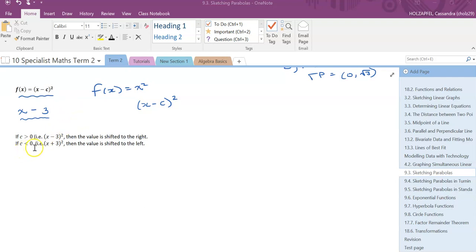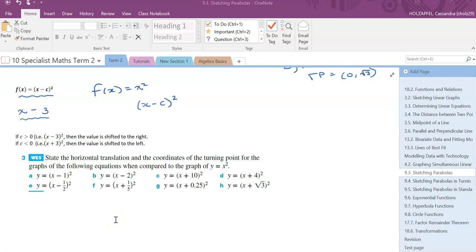If c is negative, less than 0, so for example if I substitute in -3, negative and negative makes a positive, so it becomes (x plus 3) squared, then the function is shifted to the left. Horizontal transformations, a little bit strange. I do apologize for the wording on that one. But if you can just remember x minus something is shifting right and x plus something is shifting left, then you'll be sweet.